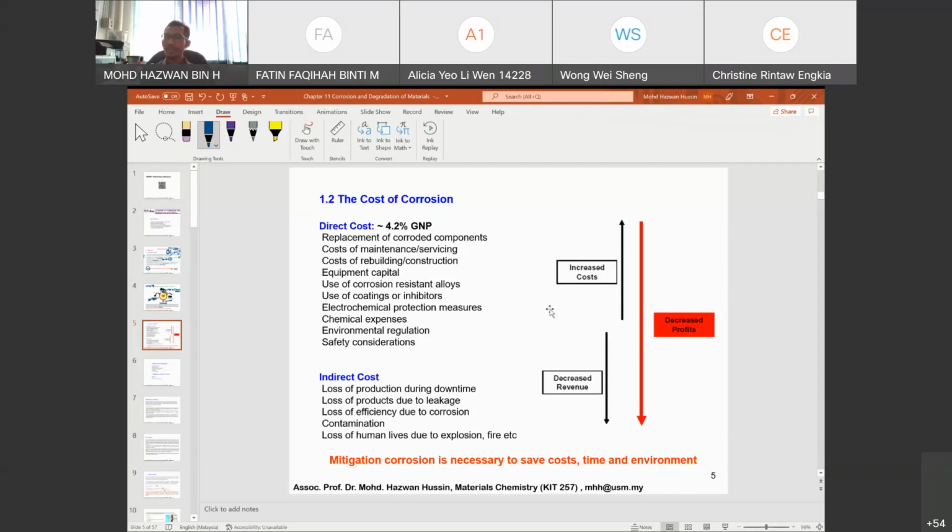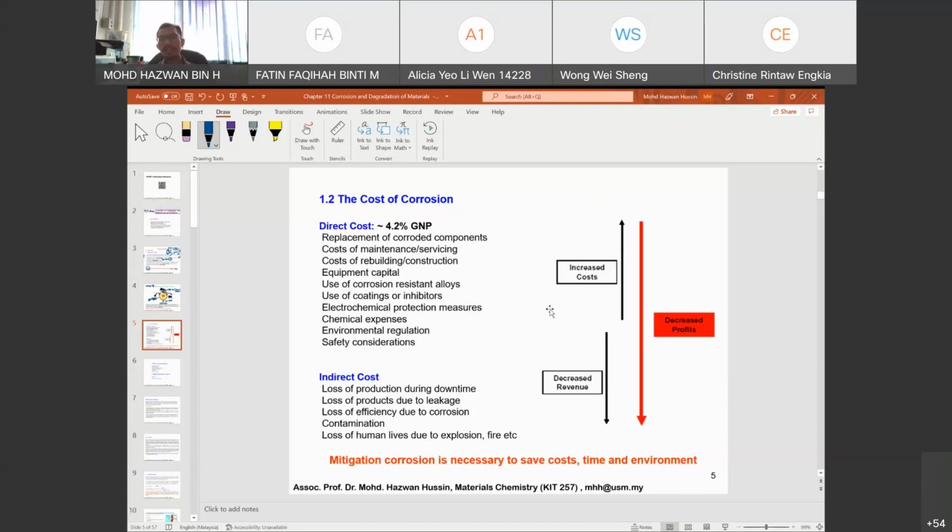The direct cost is mostly to replace, rebuild, and apply different types of corrosion protection like coatings, inhibitors, and the use of alloys and so on.